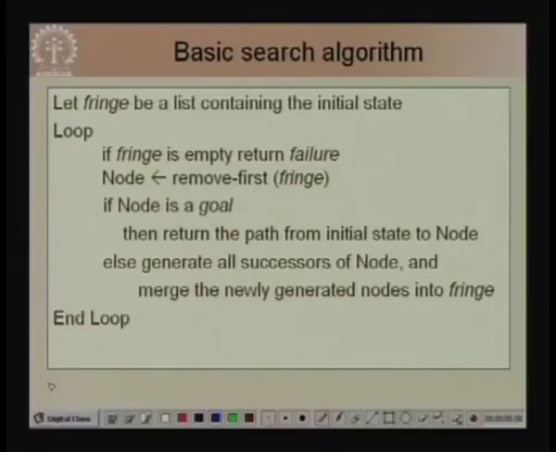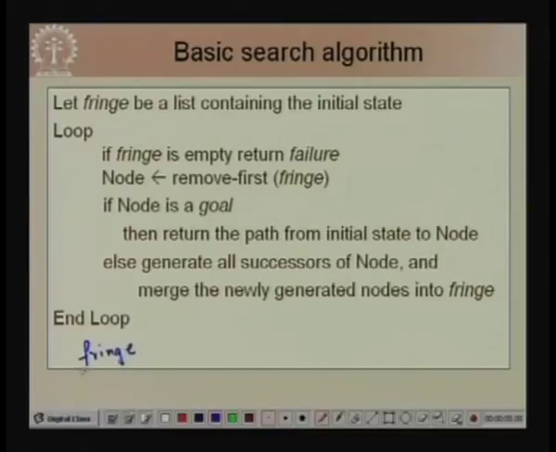Now, let us look at a basic search algorithm, a basic way of systematically searching the entire search space, and we will put certain restrictions on this general search algorithm to come up with special algorithms. So, in the basic search algorithm, we maintain a data structure called the fringe.